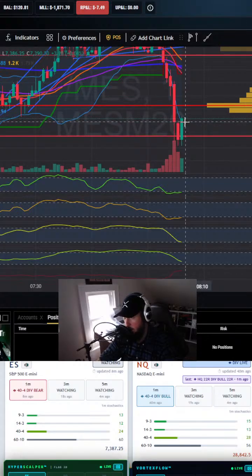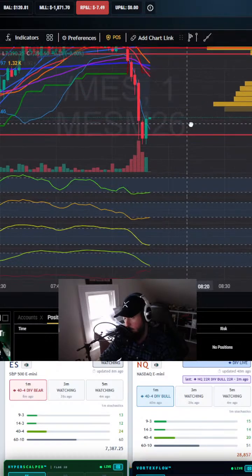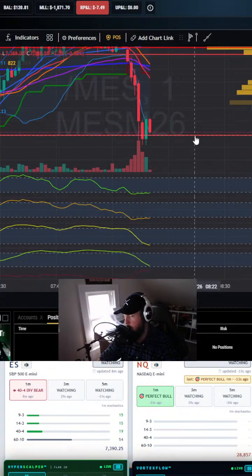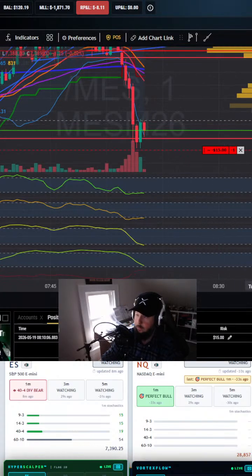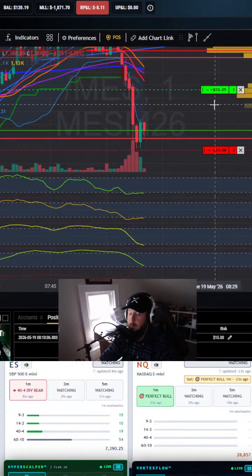Okay, as soon as this candle closes, I'm going to enter if it stays above this red candle. Ooh, it pulled back a little bit there. I'm going to enter right at that volume line. We're going to look for a take profit right before the end of this candle up there.